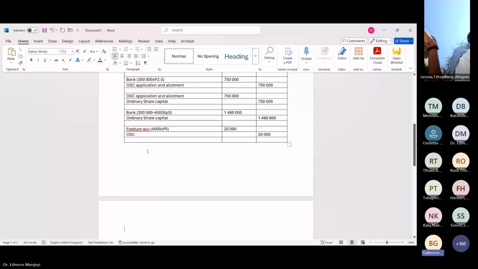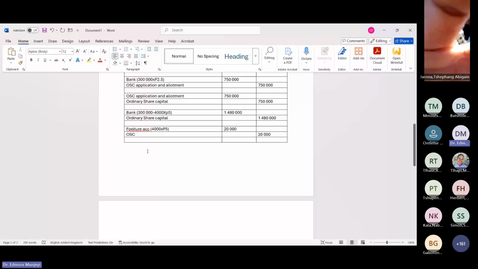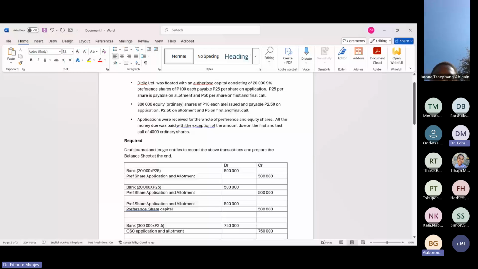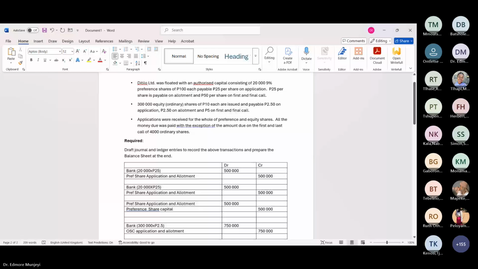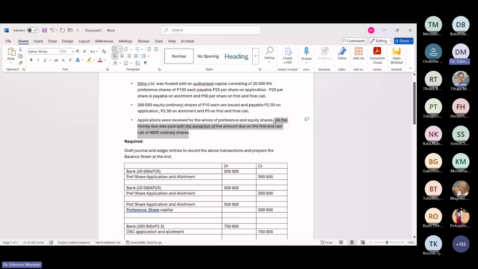I honestly didn't understand where we got the 1.4 million. Okay, tell me, are you here? I want to show you something. We issued 300,000. Are you together here? But 4,000 they didn't pay, because there is a statement that all the money due was paid with the exception of the amount due on the first and last call of 4,000.